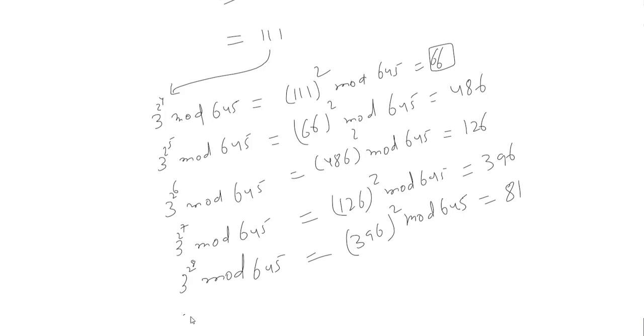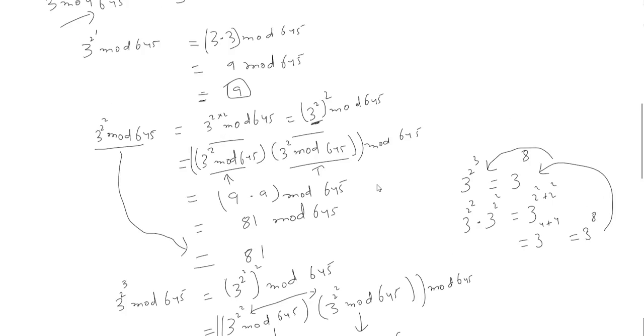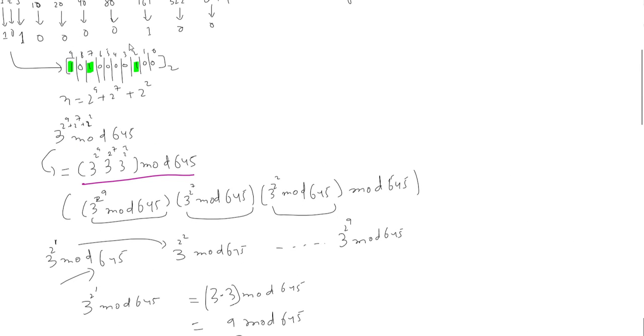Then the last one, which is 3 raised power 2 raised power 9 mod 645, is equal to 81 square mod 645, the result that we'll be getting is 111. Now we needed three terms in particular, which is 3 raised power 2 raised power 9, 3 raised power 2 raised power 7, 3 raised power 2 raised power 2.